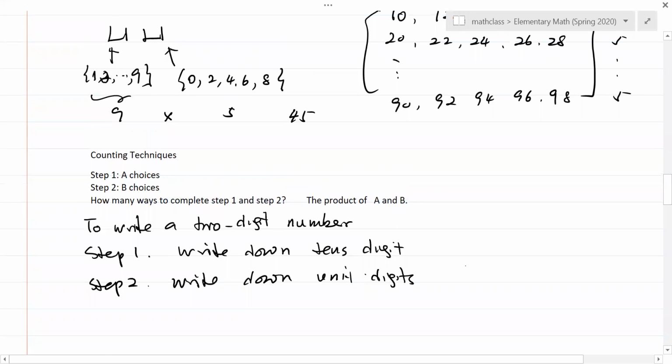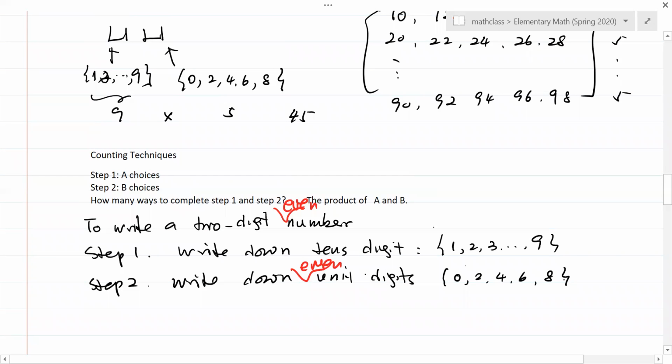So if you write down 2-digit even numbers, then I have to put an even digit in the units place. Let me repeat again: here you have 1, 2, 3, all the way to 9, and here you only have 0, 2, 4, 6, 8.